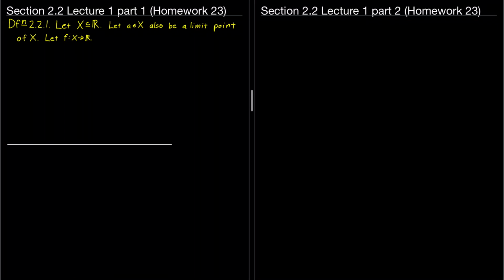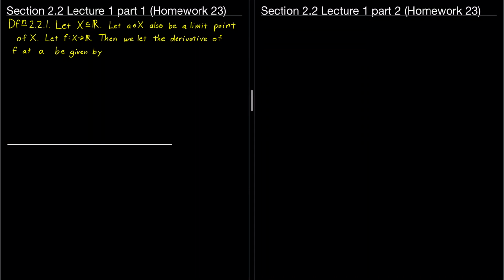And let f be a function whose domain is X. Then we define the derivative of f at A, and some of you may have seen this definition in high school.